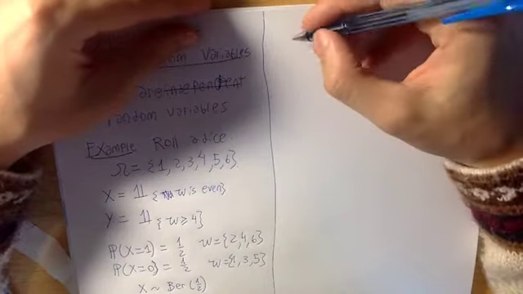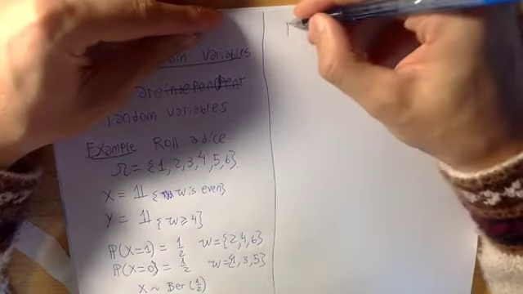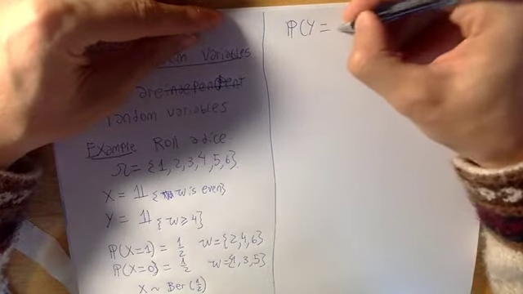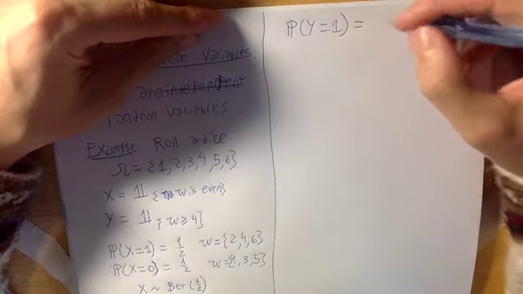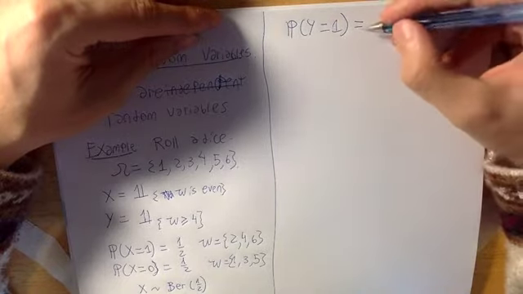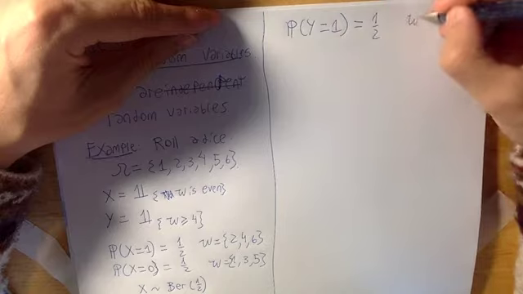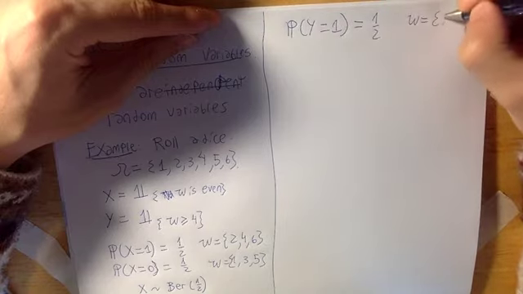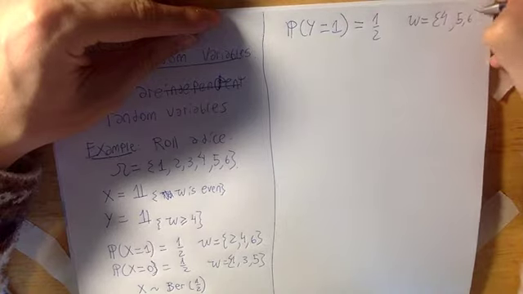Similarly, we can look at Y. The probability that Y is equal to 1 is going to be equal to 1/2. This is omega equals 4, 5, and 6.